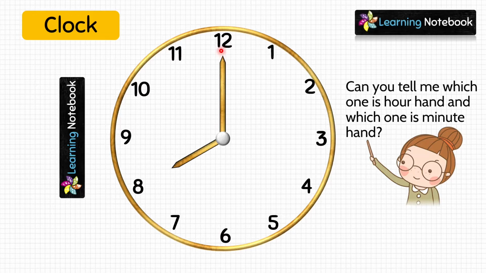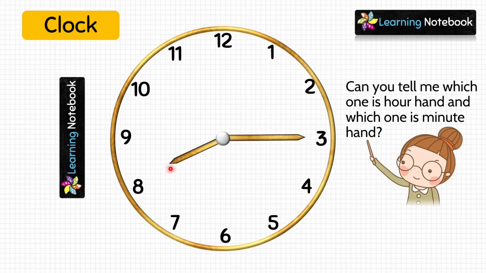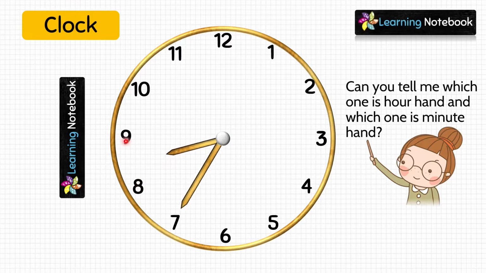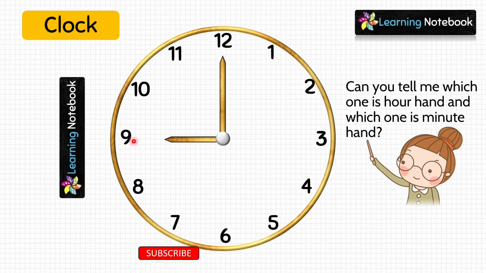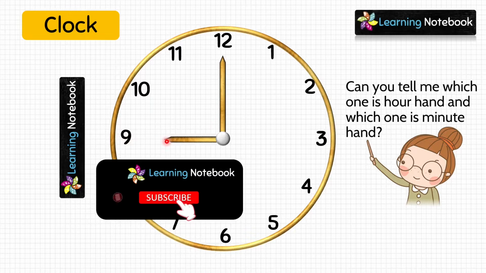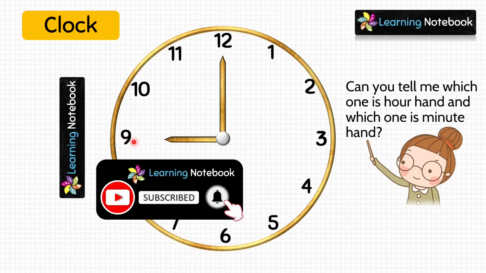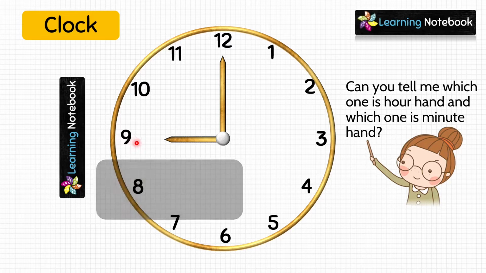So the hour hand takes 1 hour to move from one number to next number on the clock. For example, as you can see here, the hour hand has taken 1 hour to move from number 8 to 9.